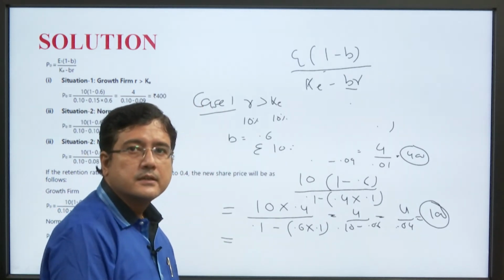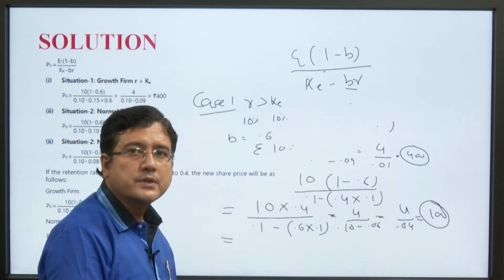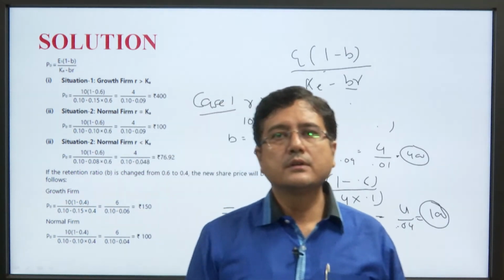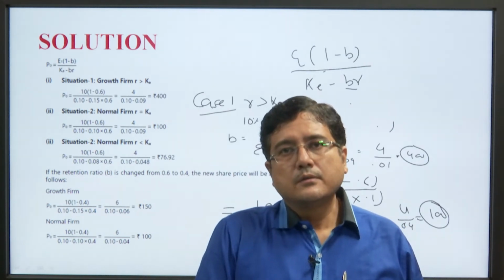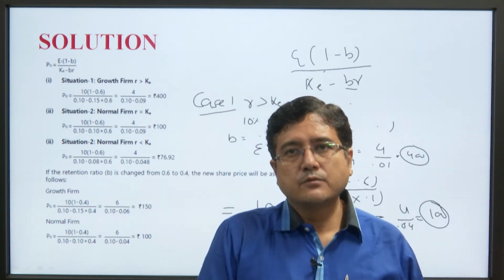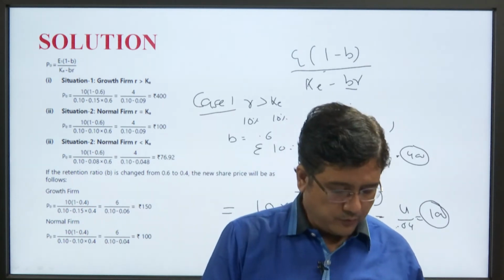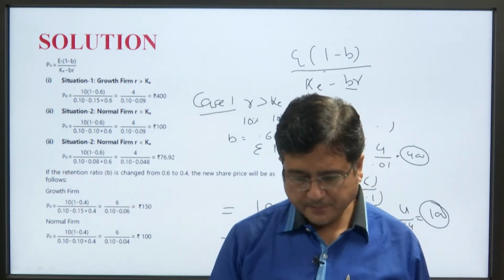Now, you will see when R is equal to K, the value of P decreases from 400 to 100.